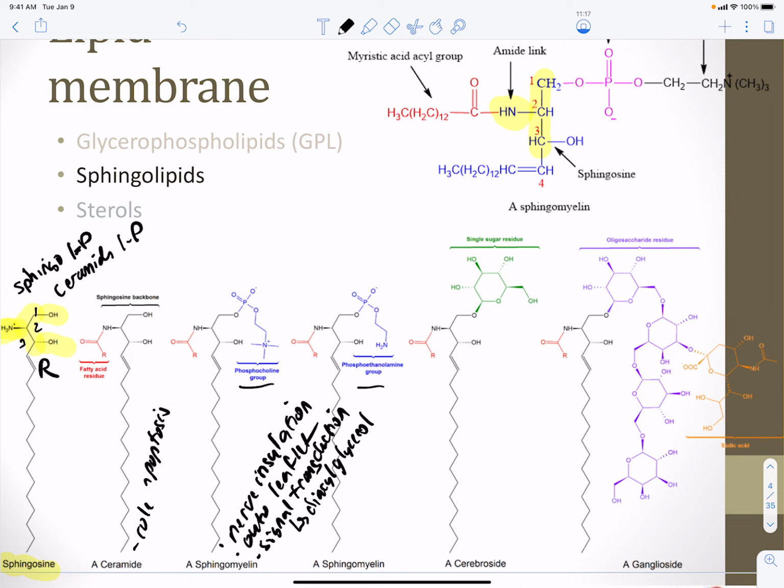And then degradation of sphingomyelin will produce ceramide. And then too much degradation of sphingomyelin will lead to too much ceramide, and again can be a signal for apoptosis. So then we have our cerebrosides, and these are going to have a role in the immune system.